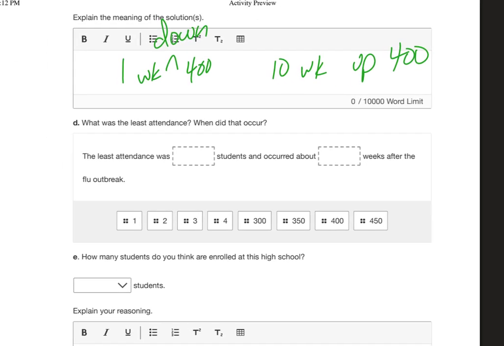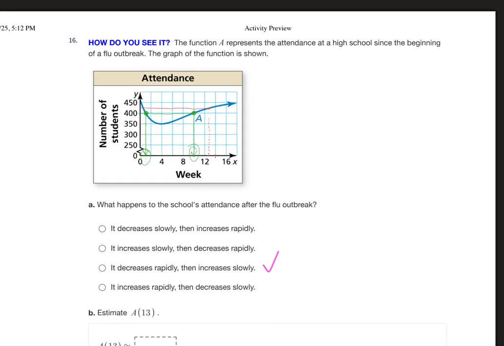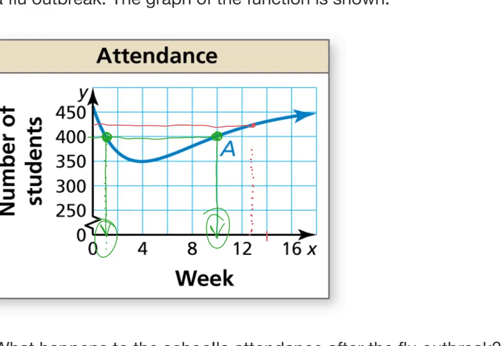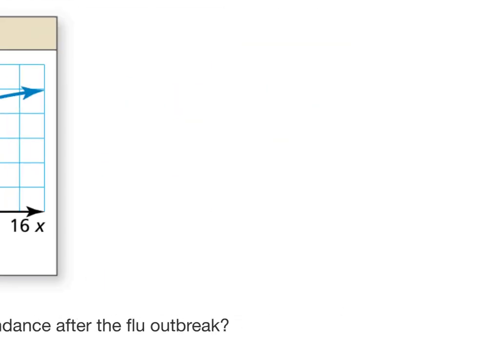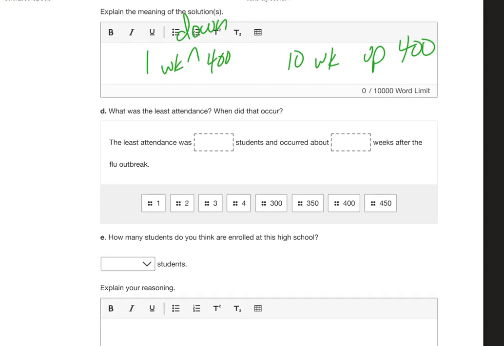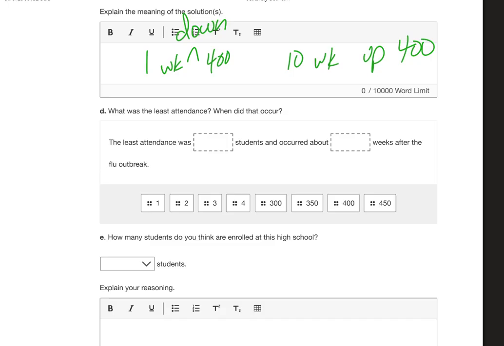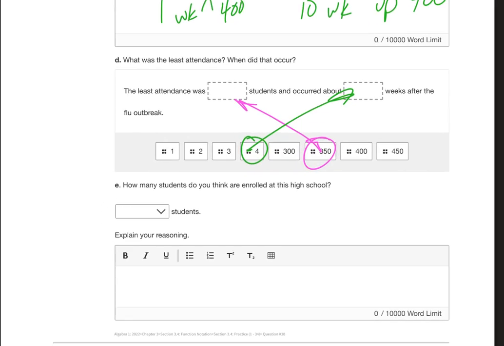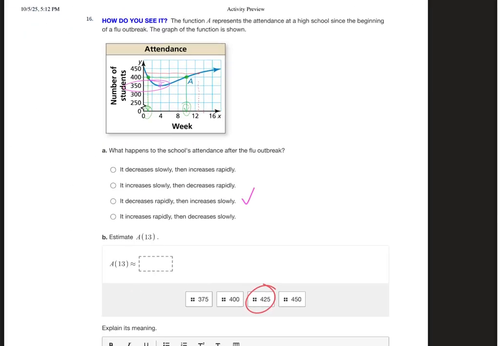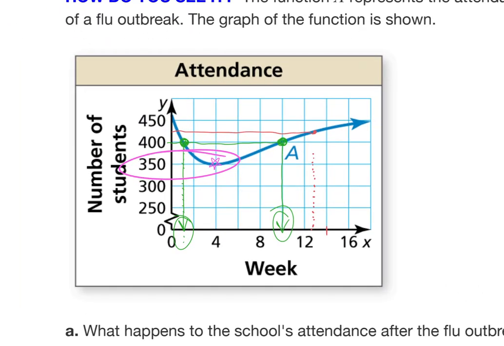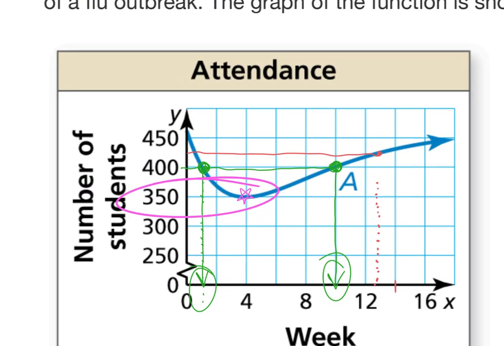What is the least attendance, and when did that occur? The least is going to be right here at 4 weeks. Looks like it's 350. Do we got choices for that? We do. The least attendance was 350 students, and that was 4 weeks after the flu outbreak. How many students do you think are enrolled at this high school? I would say more than 450, because there's the number right there, and 450 is right there.